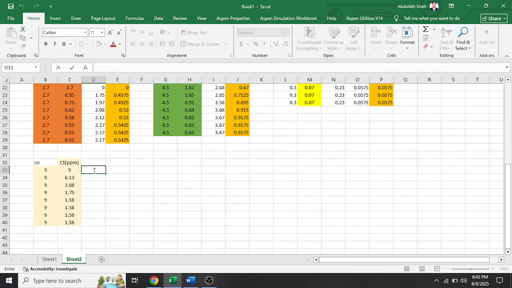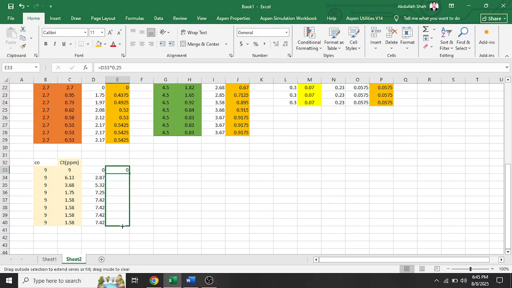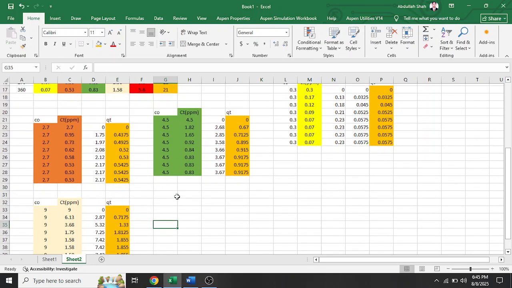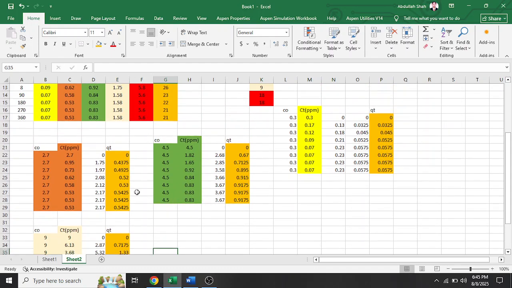Again C naught minus Ct, multiplied by 0.25 divided by 1 gram adsorbent. So we will get this adsorbent uptake for experiment number 4.